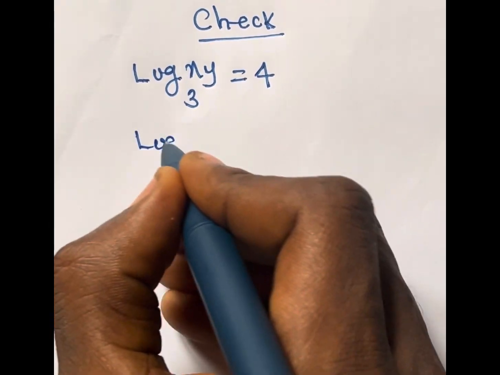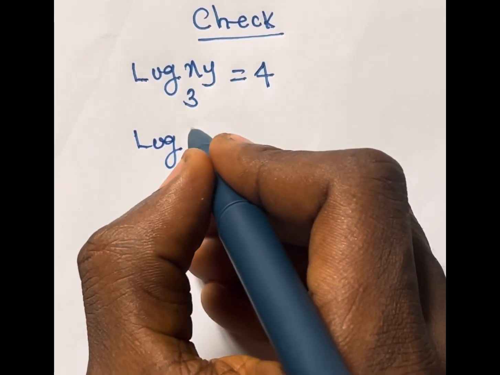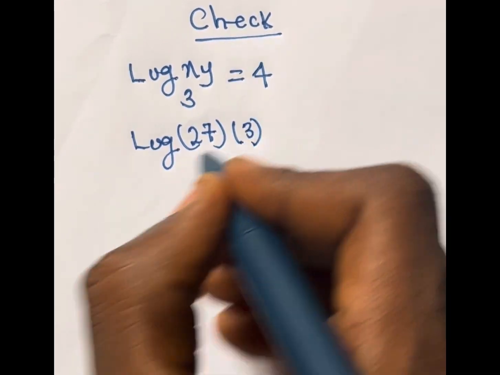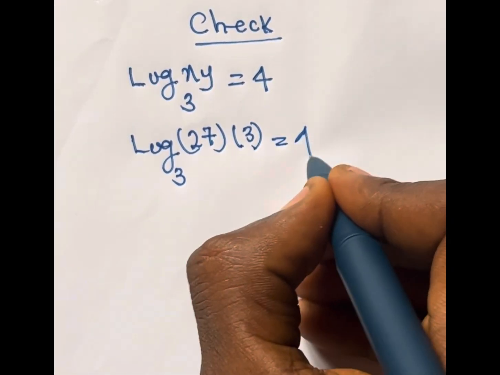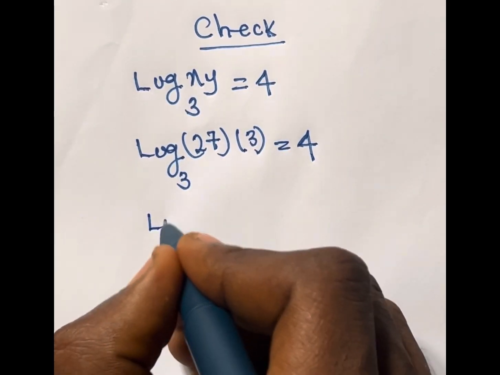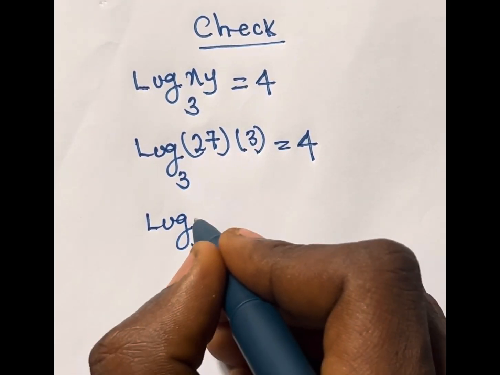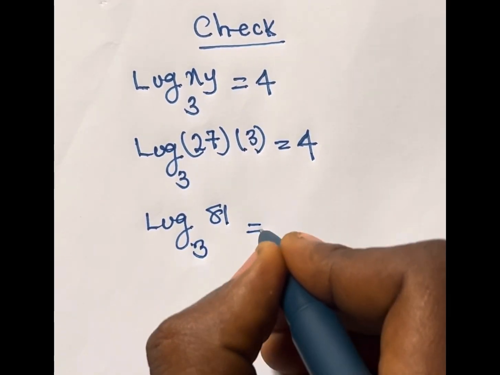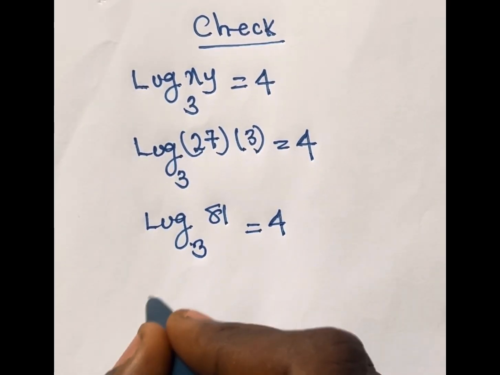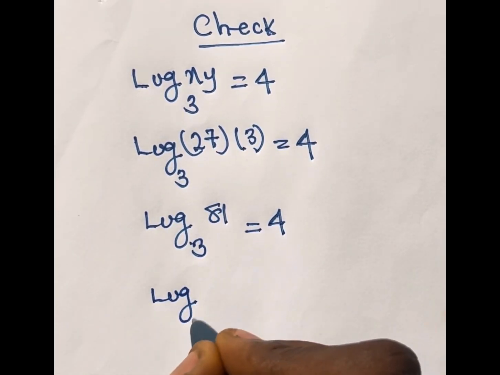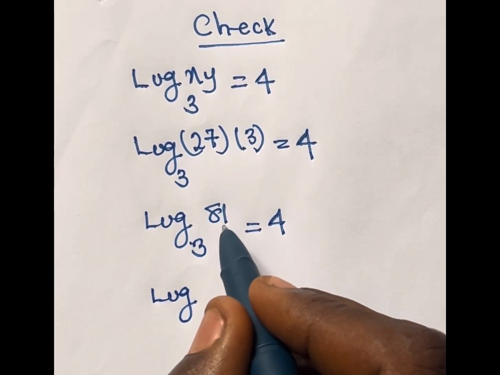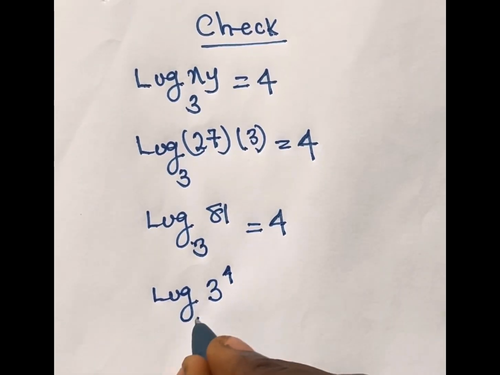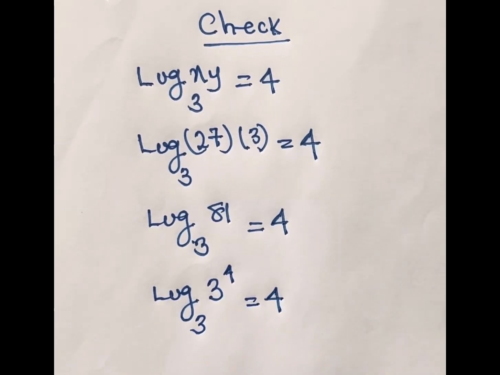We have log of 27 multiplied by 3 in base 3 is equal to 4. Now we have log of 81 in base 3 is equal to 4. If you express 81 as a power of 3, we have log of 3 raised to power 4 in base 3 is equal to 4.